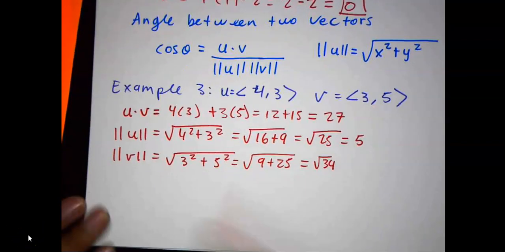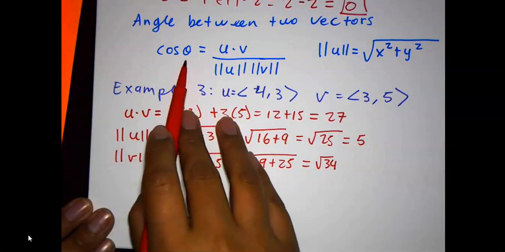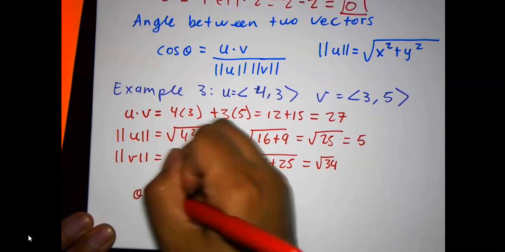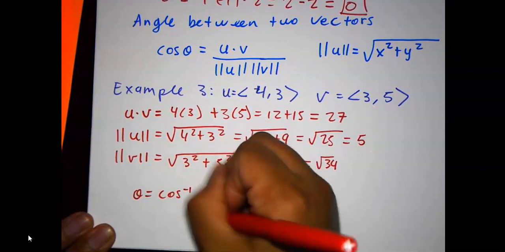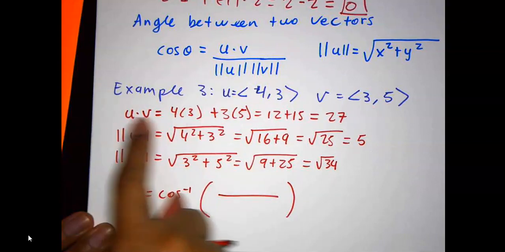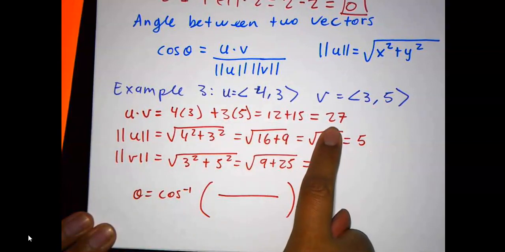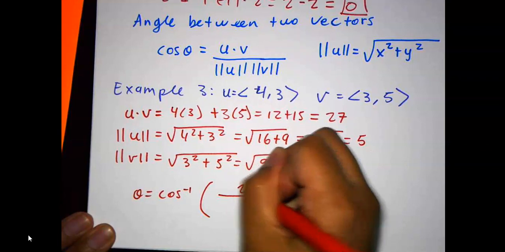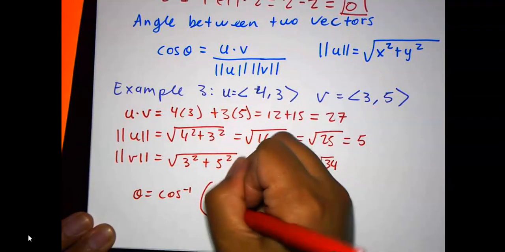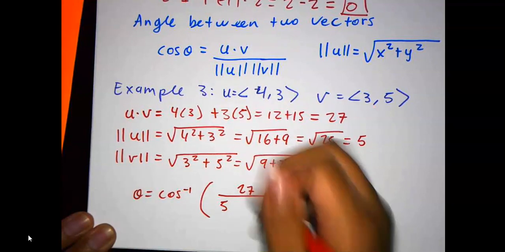Okay, so to find the angle, I have cosine theta. How do I solve for theta? Inverse. I'm going to do cosine inverse of u dot v, which is 27, over the magnitude of u times the magnitude of v.